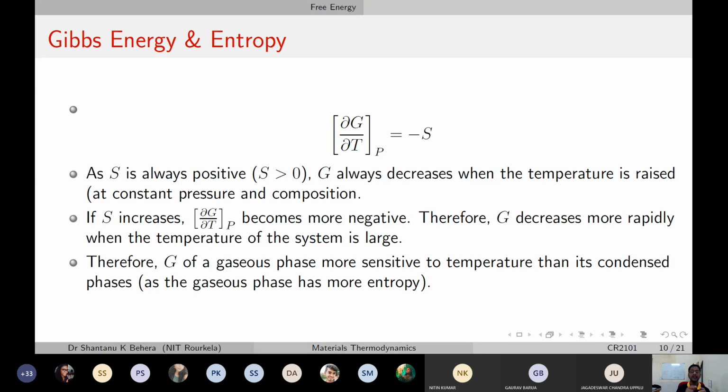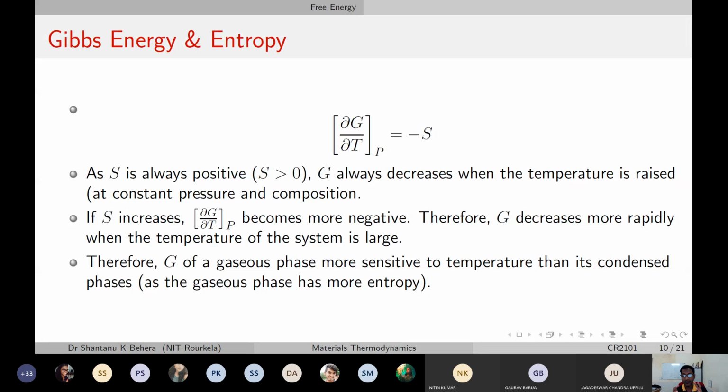Now, you know that the entropy of steam is much higher than that of the condensed phases, be it ice or water. The entropy of one mole of substance is much higher in steam than in either water or ice.